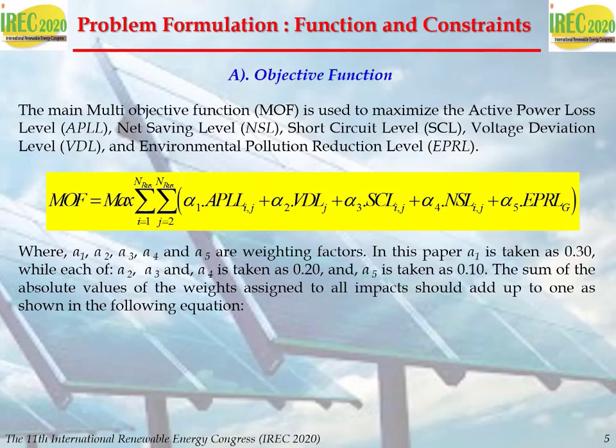In this paper, alpha 1 is taken as 0.3, while each of alpha 2, alpha 3, and alpha 4 is taken as 0.2, and finally alpha 5 is taken as 0.1. The sum of the absolute values of these weights is equal to 1, as represented in this equation.